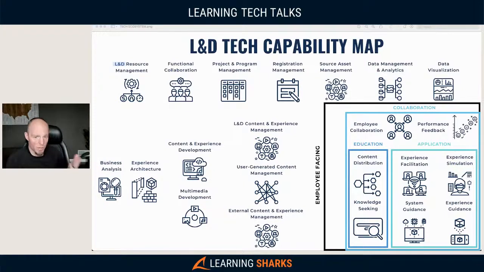And are there times you are going to have to consider bleeding the edges between, was this technically employee facing or L&D facing? And do we take the risk of going for something that's employee facing because it gets trajectory and traction for budget, resources, funding, whatever, mind share, if we make it employee facing? Yes. There are times you are going to have to navigate that decision.